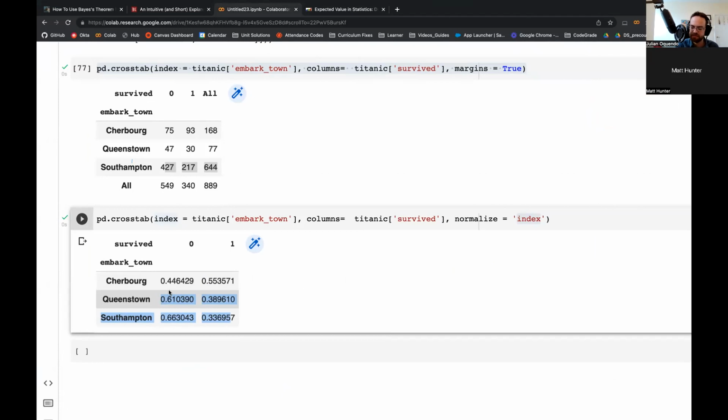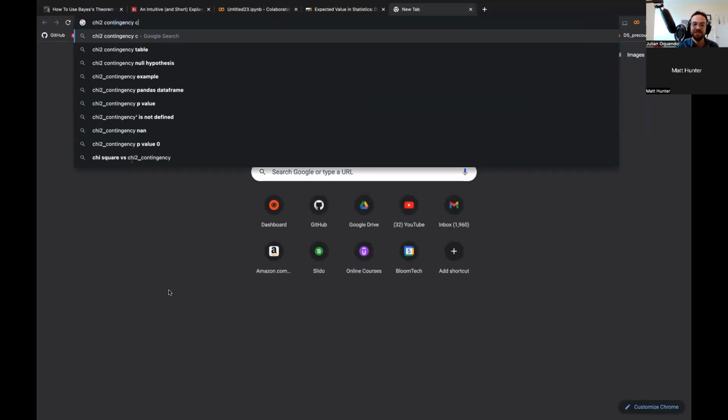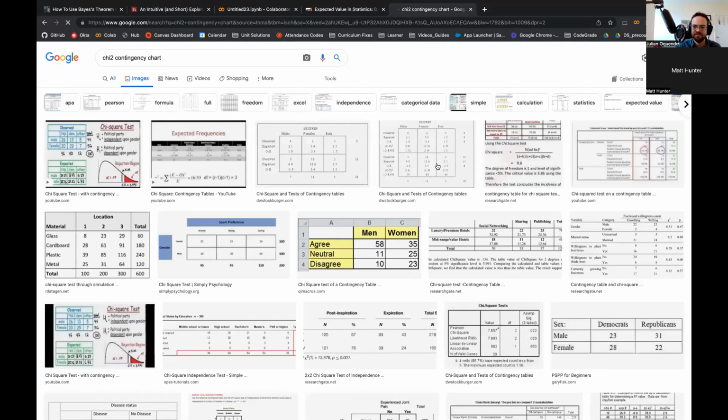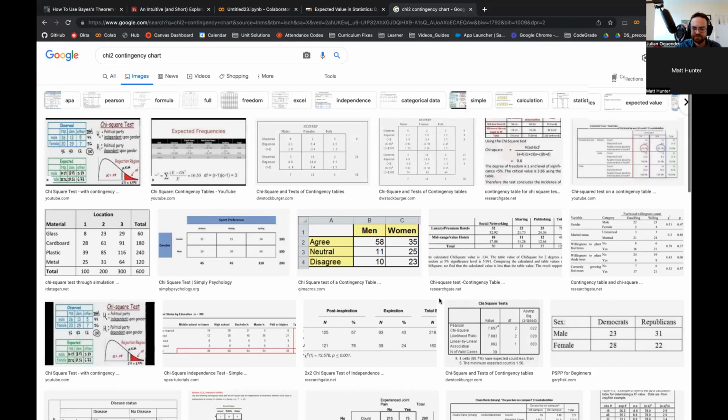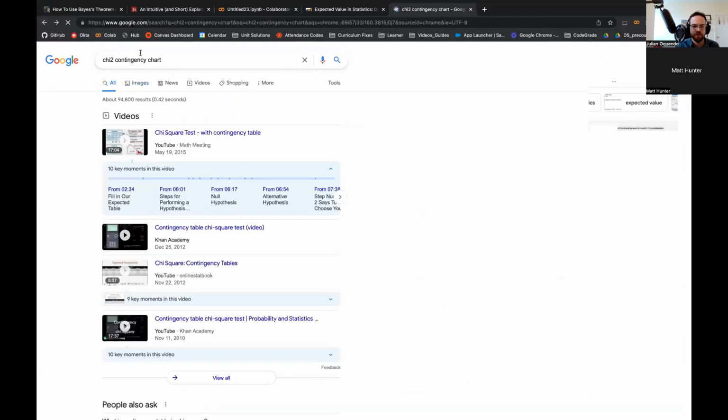But rather than having to pull out big charts, like for example, the chi-square contingency chart, no, that's not what I'm looking for. I'm looking for the degree of freedom chart.